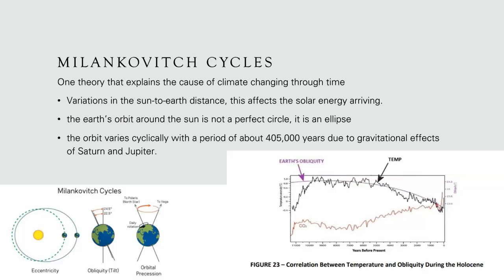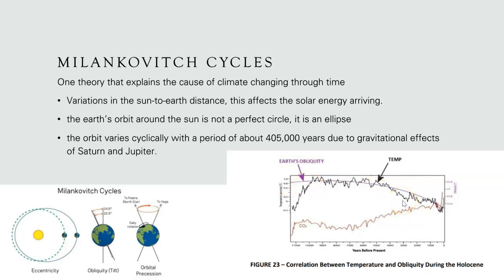And to put it in a brief way, there's much more complicatedness that goes into this, but Earth's tilt and rotation and orbit around the sun varies directly with its temperature.